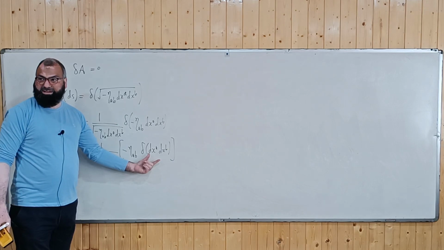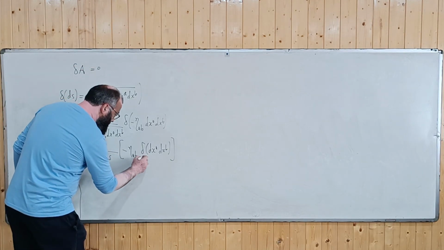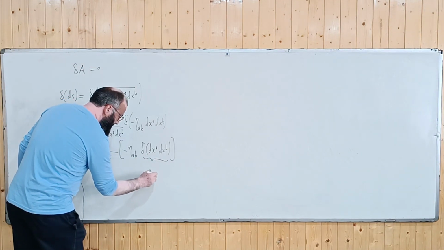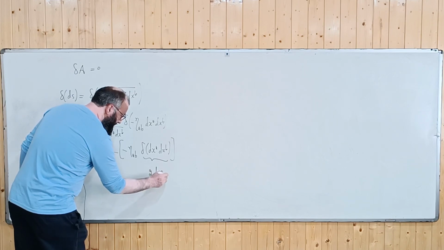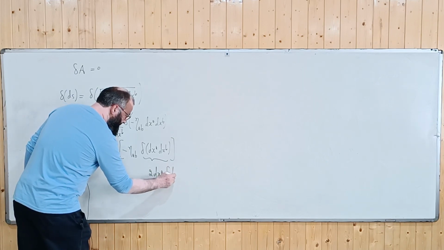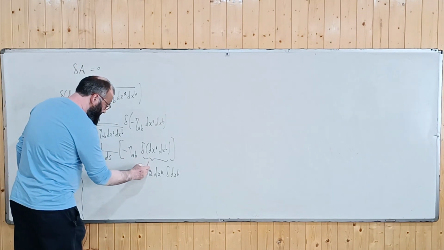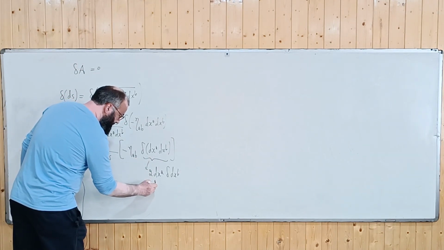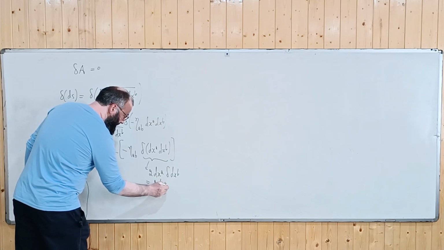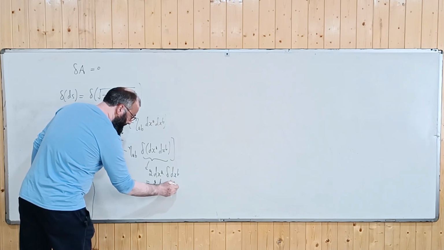What is the differentiation of dx squared? Twice dx. So I can put it like this, 2 dxa, then variation of one of the dx's, dxb. So that is equal to twice dxa b of delta x.